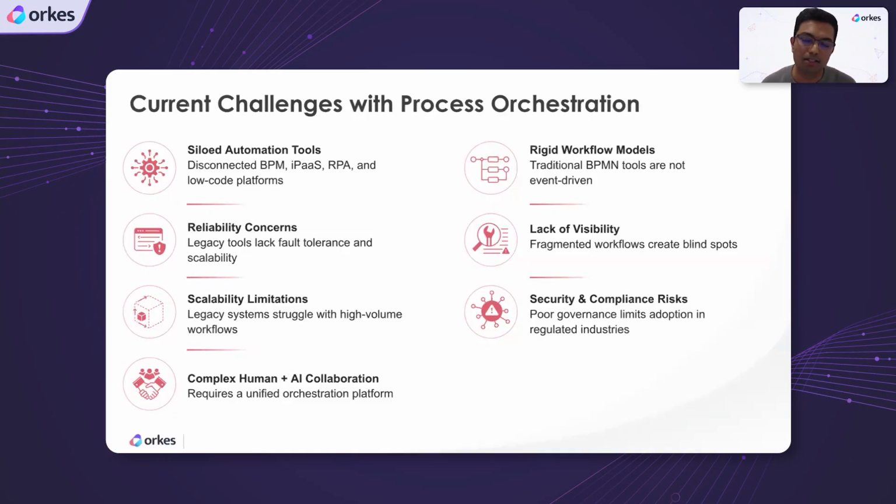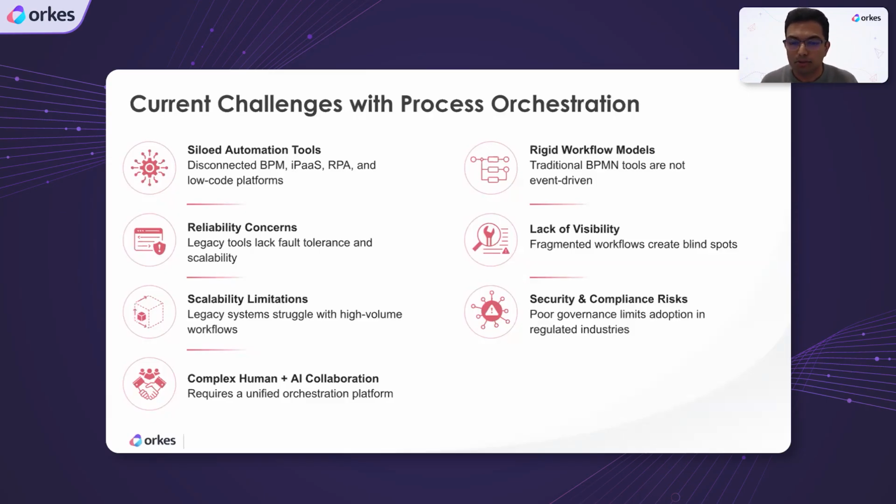Scalability limitations: legacy orchestration tools falter under the demands of high-volume distributed workflows. This is the most important one, especially with AI stepping in: the complex human and AI dance or collaboration. Orchestrating tasks between humans, AI agents, and automated systems is challenging without a unified platform.